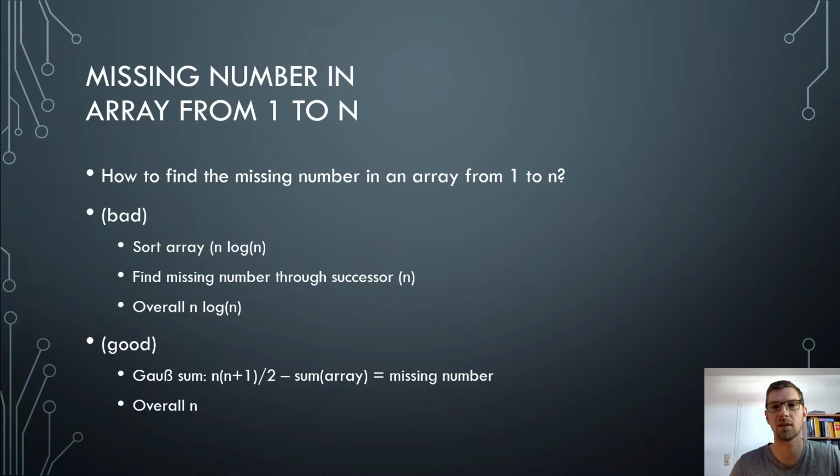Since there is just one number missing, we can subtract the sum of our array from the Gaussian sum, or the sum of what it should be if all numbers were in it, and then we automatically have our missing number. So we just have a runtime of n, since we have to sum up all the numbers in the array. So let's implement that in Python.